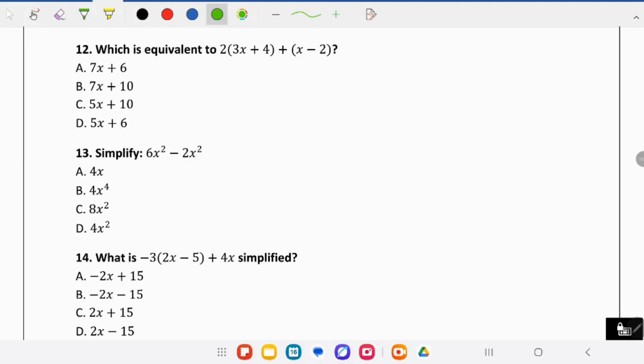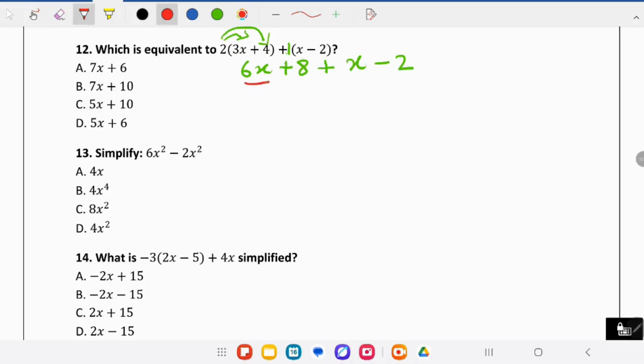In this question, I have 2 times 3x, which is 6x, and 2 times 4. I will distribute this 2. Plus, over here there is an invisible 1, plus x. 1 times x is x, minus 2 times 1 is 2, plus 2 plus 1 times negative 2 is negative 2.